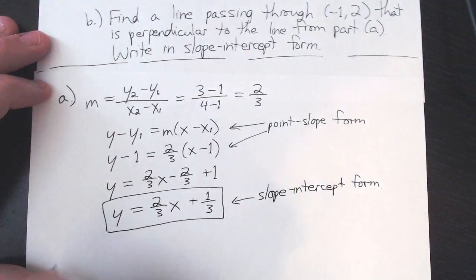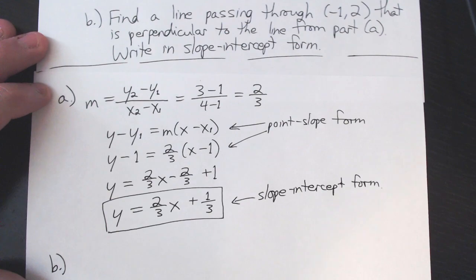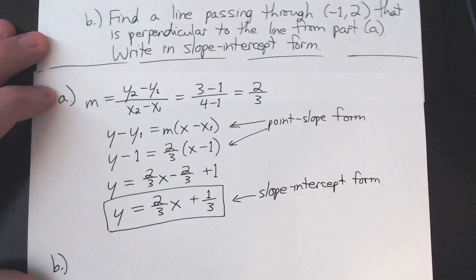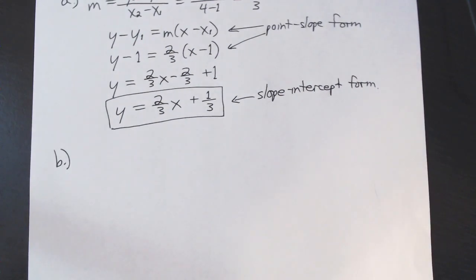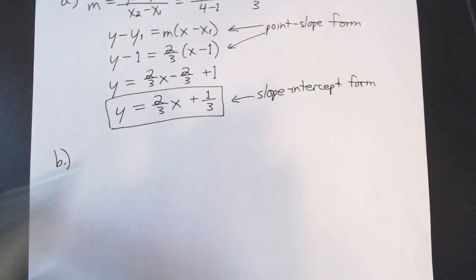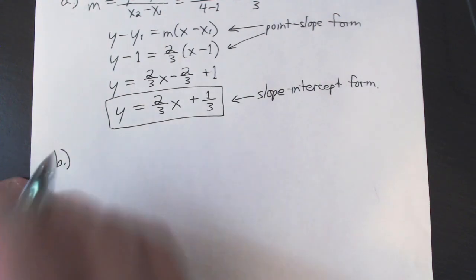Like I said, part A is something that really comes from the previous section. Part B is the one that's really for this section about perpendicular lines. So in part B, we were given a point, and we're told that we want to make a line that's perpendicular to the one from part A. Well, we know what the slope should be, right?